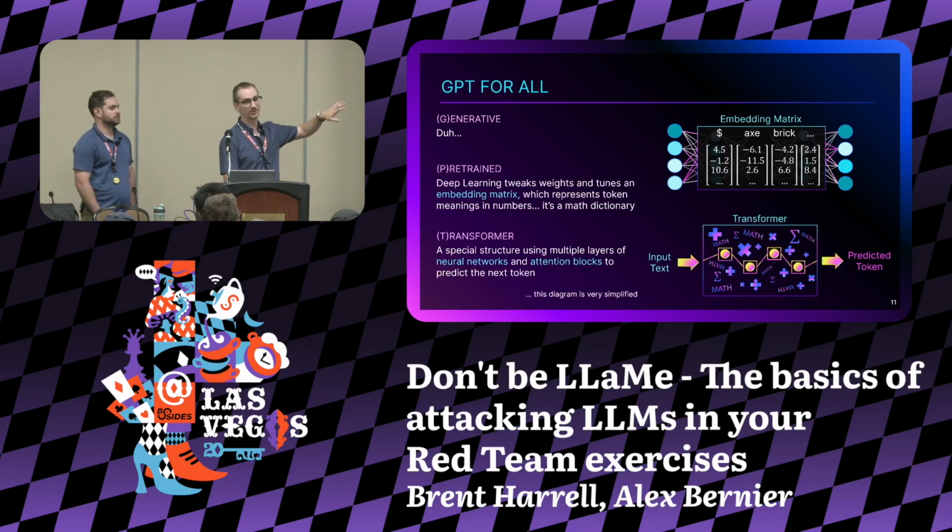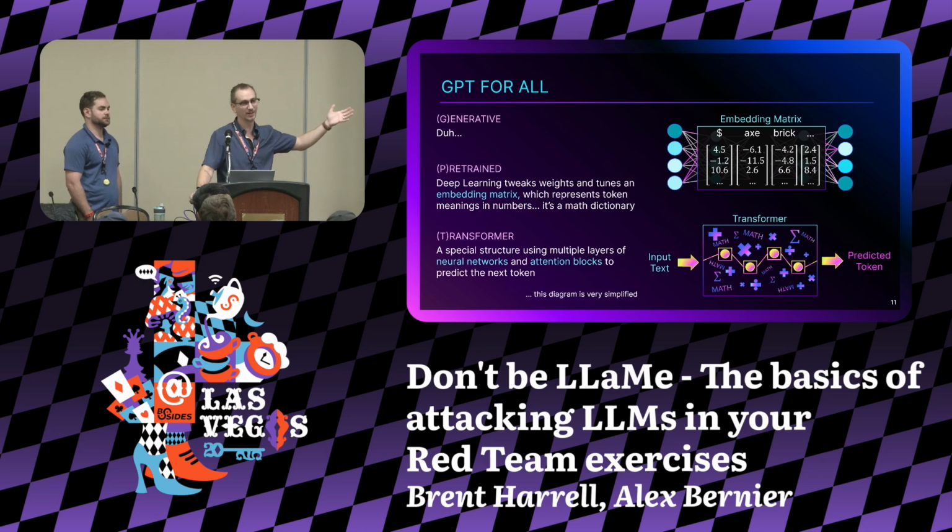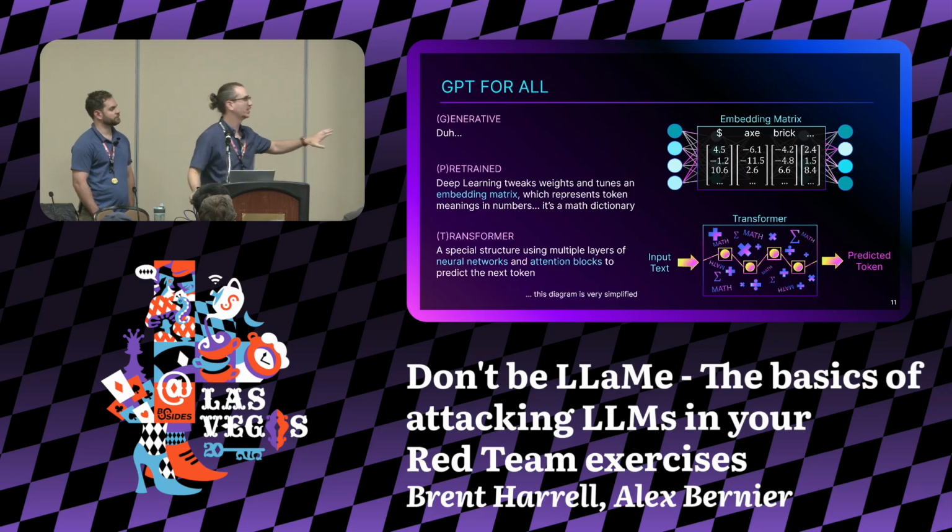Well, in this case, during the training phase, as it's tuning all those weights, it's also trying to understand what these tokens are through this embedding matrix. And these indices are given some sort of value or meaning by the machine, where one index might represent bigness, and another index represents friendliness, and another one represents blueness. And that's how it's trying to understand language. It doesn't do language like we do, it does it in numbers. And that's where we get to the transformer.